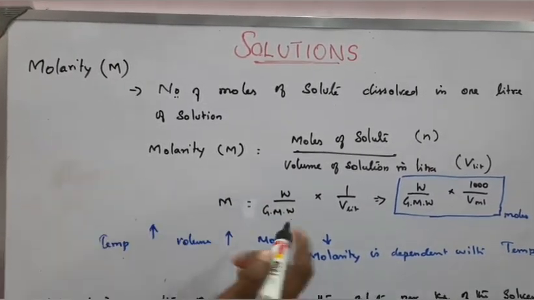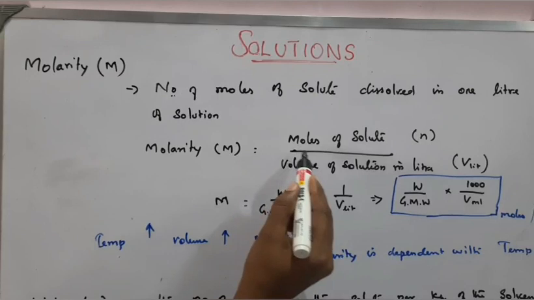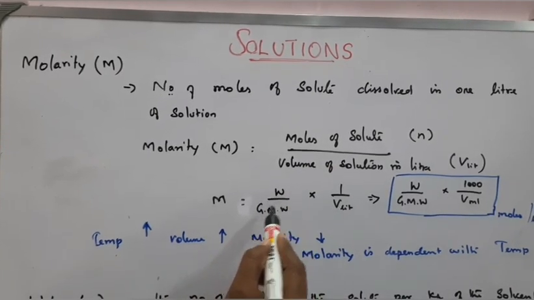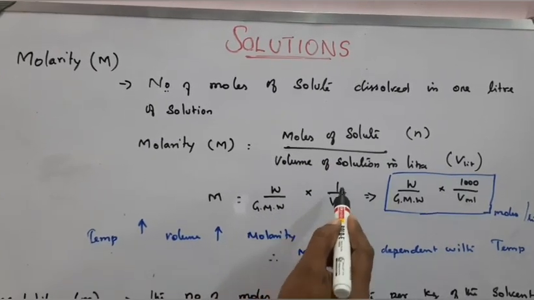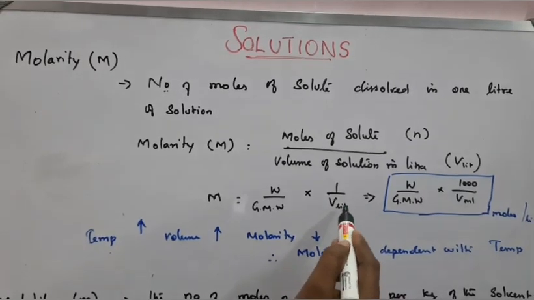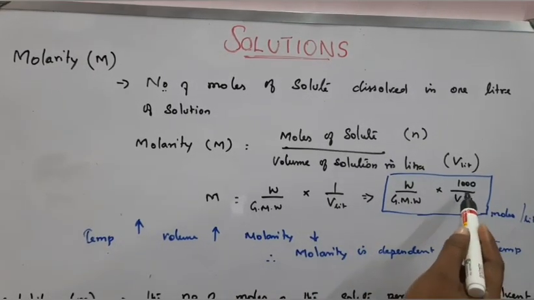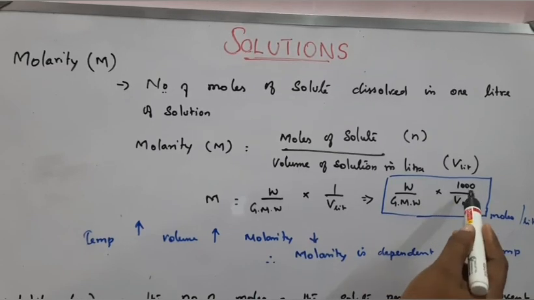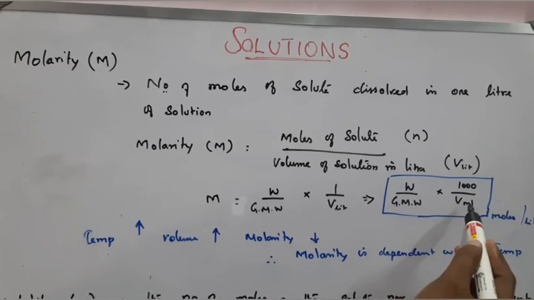Molarity is the moles of solute, weight per gram molecular weight, into 1 by V in liters. Here we convert liters to milliliters, so 1000 by V, with volume in ml.